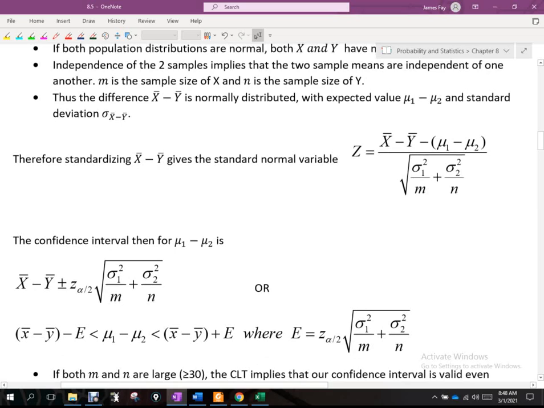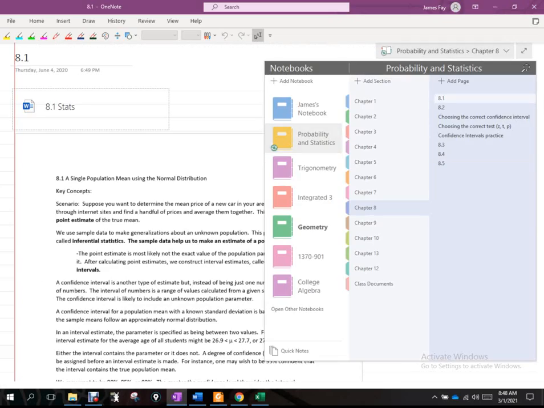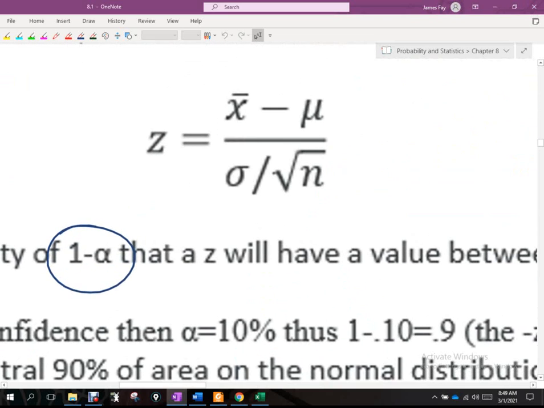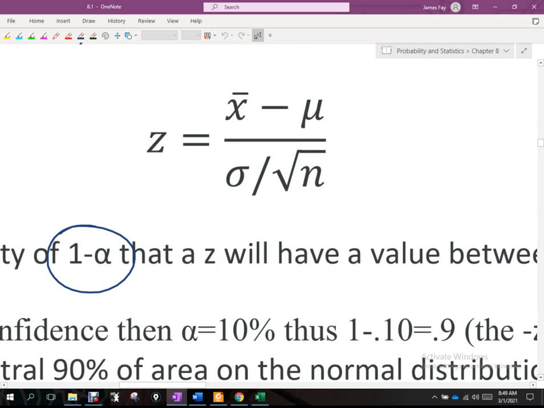I'm just going to go back to 8.1 real quick just to show you the comparison. When I wanted to find the z-score back in 8.1, we took the sample mean minus the population mean, divided by sigma, which is the standard deviation, divided by the square root of n.